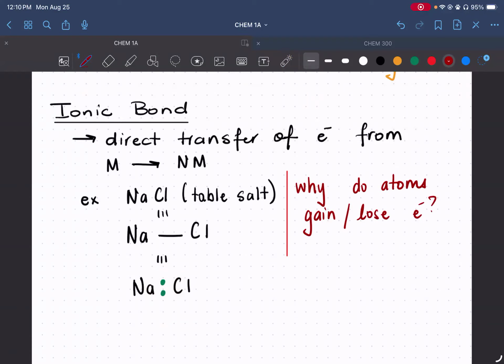This was a question posed on Wednesday's class. Is anyone brave enough to remind us, why do atoms gain or lose electrons in the first place? Yeah, I see a hand. They become like royalty. They want to look like noble gases.